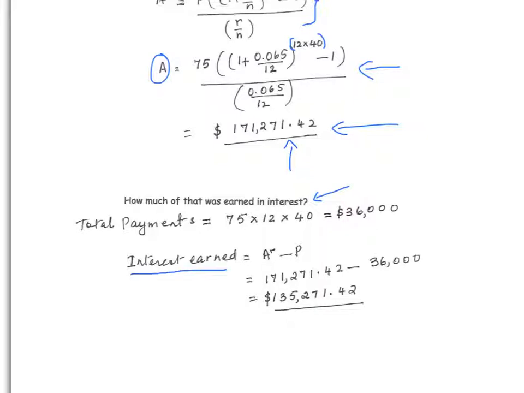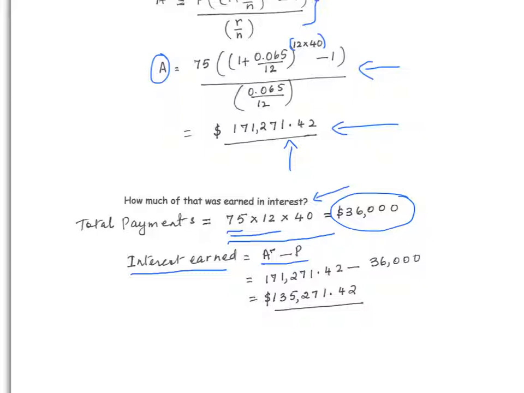Interest earned is accumulated amount minus the total amount that we put in the form of payments. So the total payments is $75 per month. So in a month, it's $75. In a year, it's 75 times 12. And in 40 years, it is 75 times 12 times 40, which is $36,000 in 40 years.